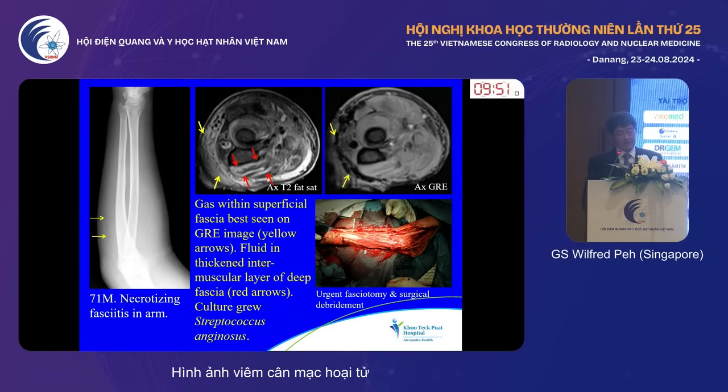On the left, a T2 weighted fat saturated image, and on the right, a gradient echo sequence which shows blooming of the gas. And the T2 weighted image shows fluid in the intermuscular fascia as indicated by the red arrows. This patient underwent urgent surgery to relieve his necrotizing fasciitis.